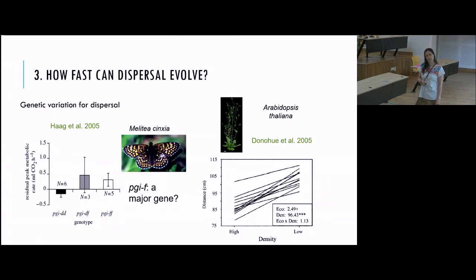They found a big effect of the environment on dispersal distance, so a big plasticity effect here, as shown because dispersal distance is higher at low density than at high density, but very few genotype by environment interactions, meaning that all the ecotypes responded to density about the same way. So if you've got genetic variation for those traits, dispersal potentially can evolve fast in many situations.